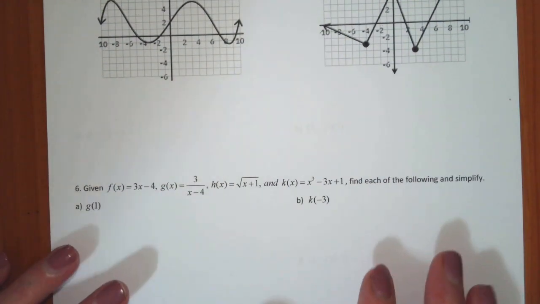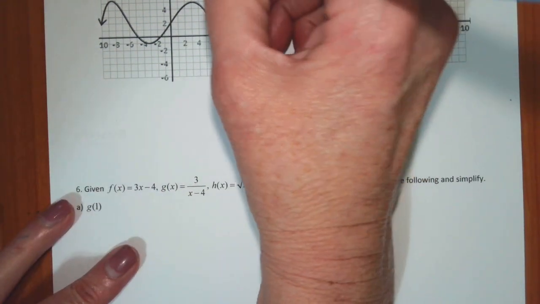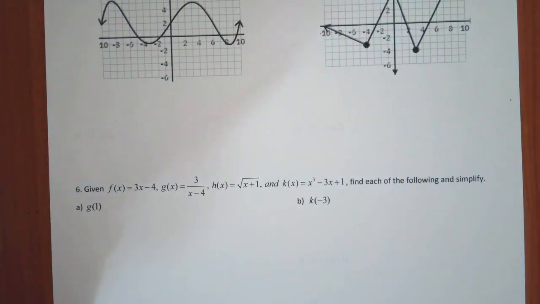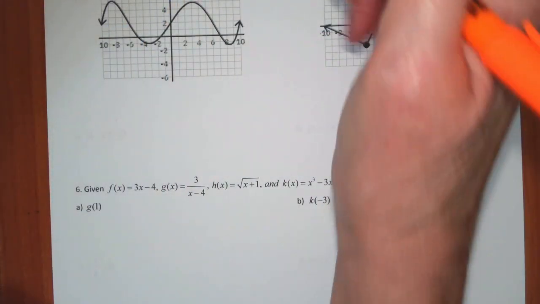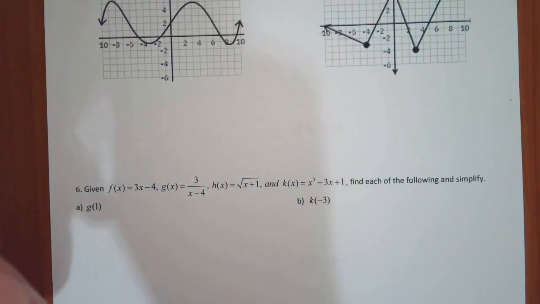Okay, number 5. Identify the location and values of any relative maxima or minima. Okay, so I'm going to do maxima in blue, minima in orange. Okay. And again, maxima is just a hill.